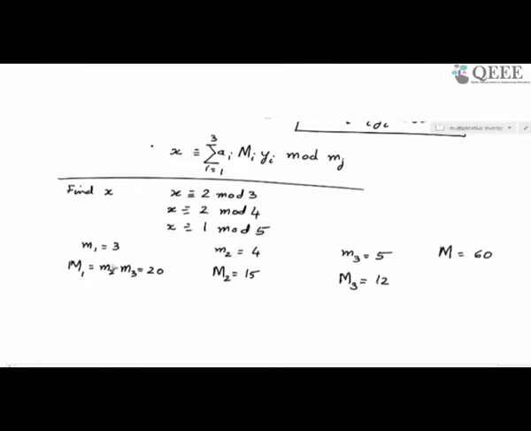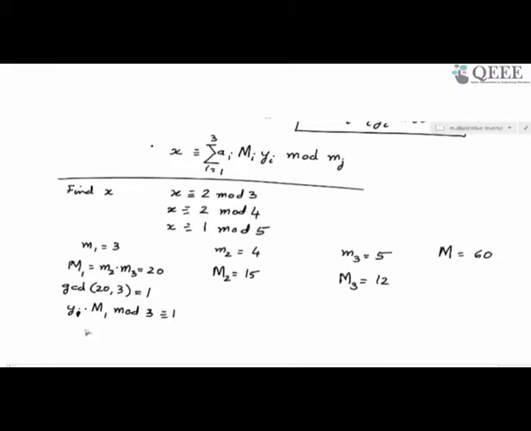Now as we've seen before, the GCD of 20 and 3 is 1, and therefore we are able to find an inverse of 20 modulo 3. So we are searching for this y1, which when multiplied by M1 mod 3 should give me 1, where M1 is 20.